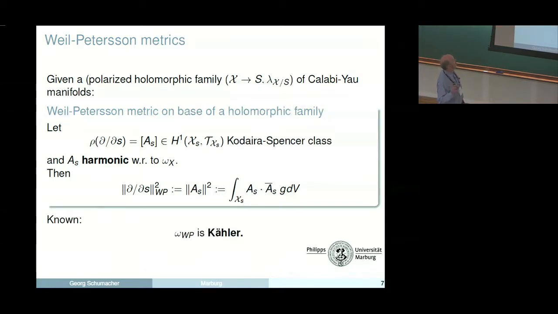Okay, so we know also that this Hermitian inner product on the base gives us a Kähler structure, provided the holomorphic family is effective. If the family is trivial, of course, then we only have zeros here, and so we cannot expect a Kähler form by such a construction on the base.